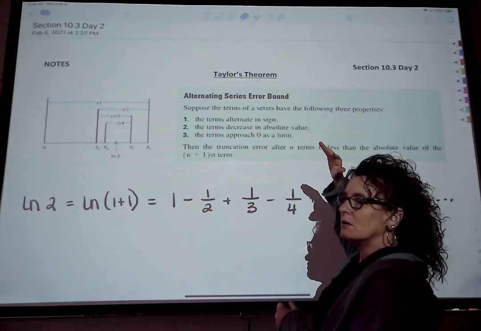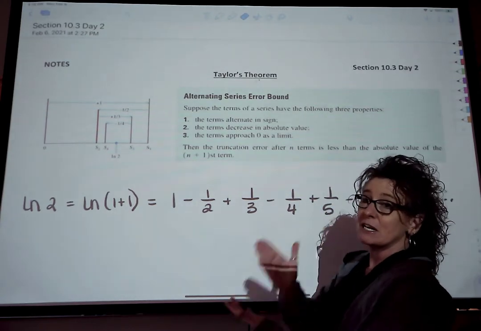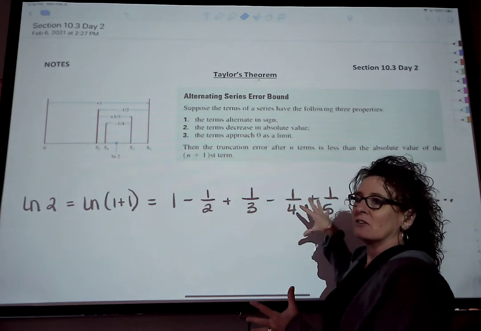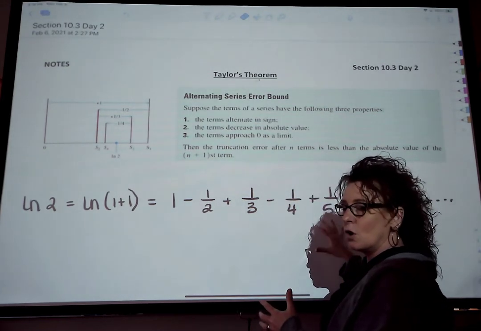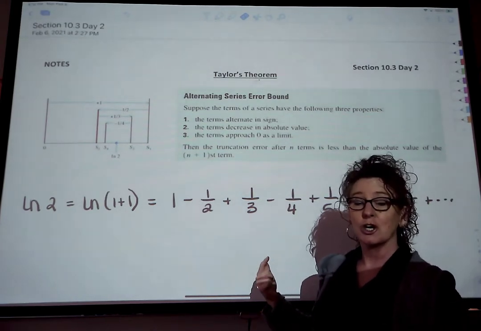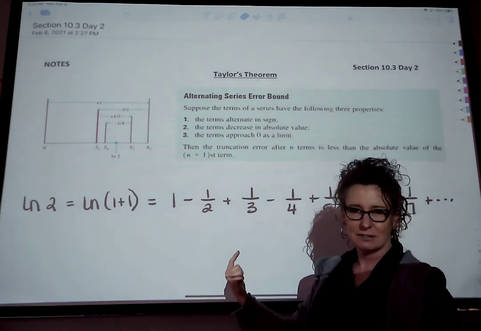Whenever you cut off your polynomial, you say, I'm going to stop it here. The leftovers, the error, the amount that you have cut off will always be less than the next term that you would have included, but you didn't.